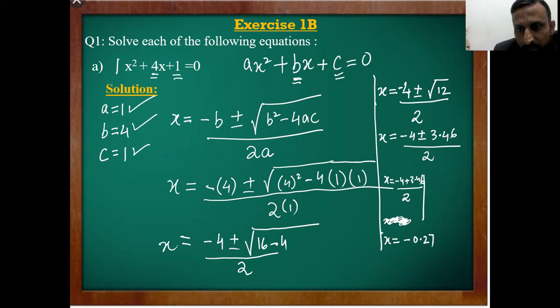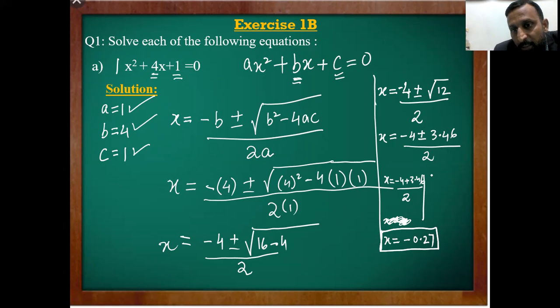That's the first answer, correct to two decimal places. Negative 4 plus 3.46 gives negative 1.46, divided by 2, finally gives negative 0.27. You are allowed to use your calculator, so make sure you use it.